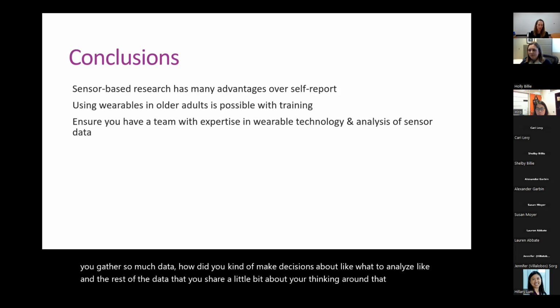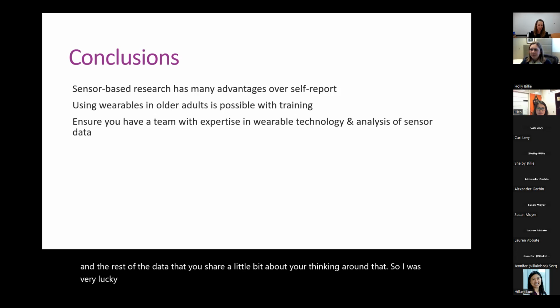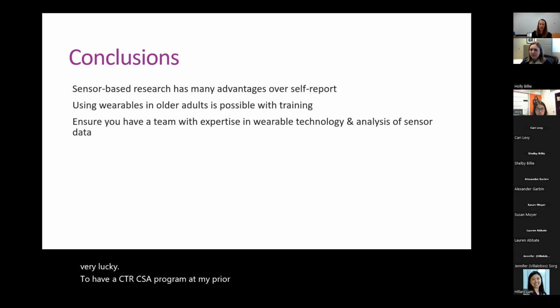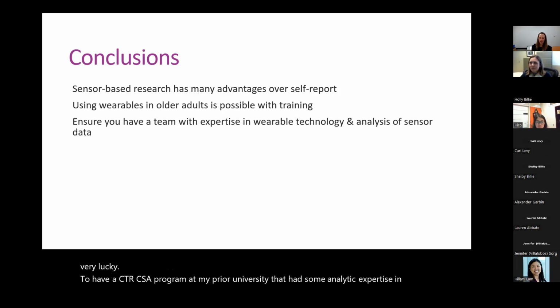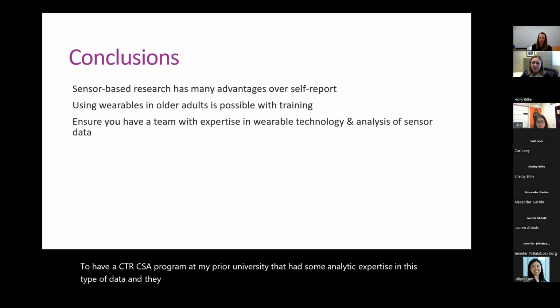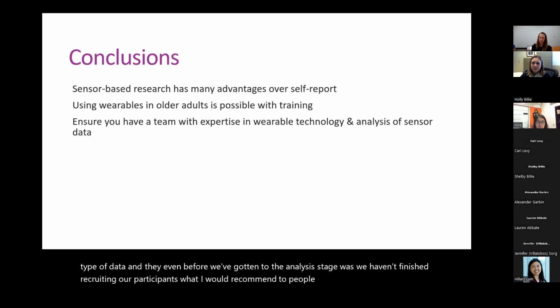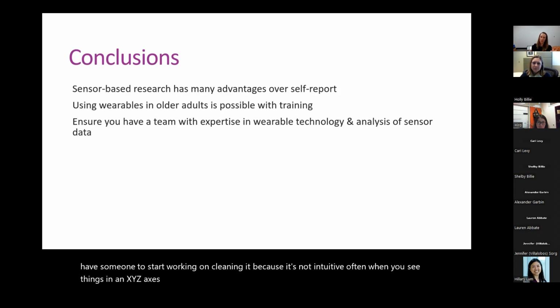Yeah, so I was very lucky to have a CTSA program at my prior university that had some analytic expertise in this type of data. Even before we've gotten to the analysis stage, because we haven't finished recruiting our participants, what I would recommend is to download that data and have someone start working on cleaning it, because it's not intuitive, when you see things on an XYZ axis, what that means.